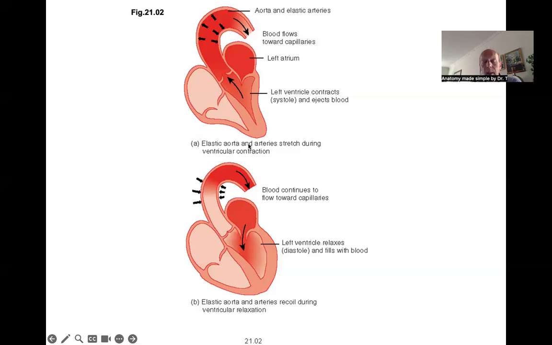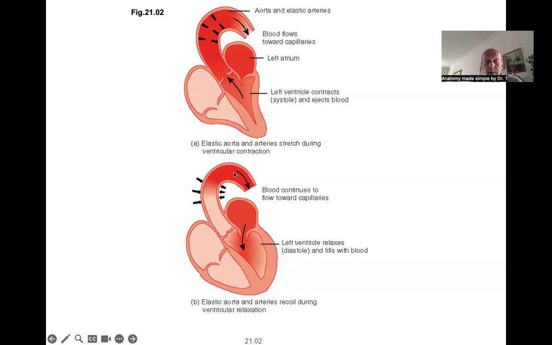So it is easy to understand what happens to blood during ventricular systole and the blood being ejected. Now let's try to understand what's going on during ventricular diastole. The elasticity of the aorta is now trying to reduce the size of it, bringing it back to what originally it has been. And that kind of elasticity recoil actually produces a bit of extra pressure, forcing blood to keep moving further away from the heart.